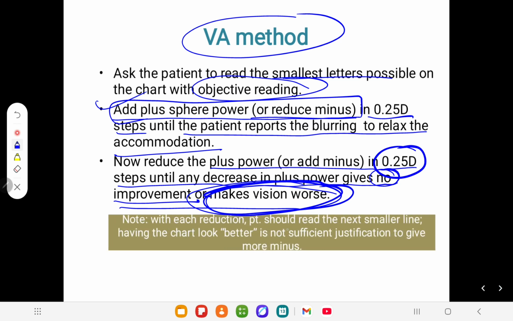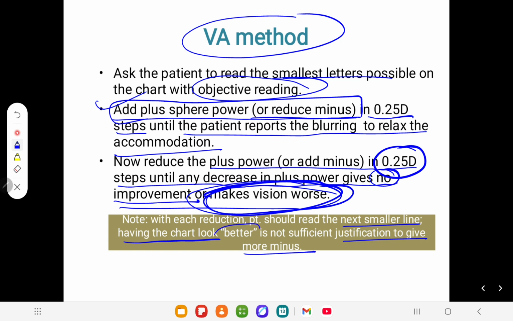Note, with each reduction, patients should read the smallest line. The chart looking better is not sufficient justification to give more minus. Just remember, as an optometrist, you have to rely on whether the patient is reading more letters or not.